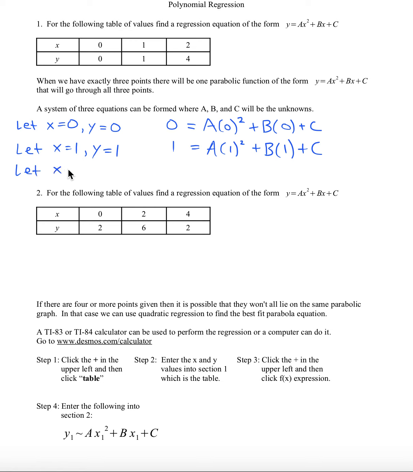Finally, we'll use the third point, x equals 2, y equals 4. That would give us a system of 3 equations with 3 unknowns that could be solved for the correct constants a, b, and c that would go through those 3 points.